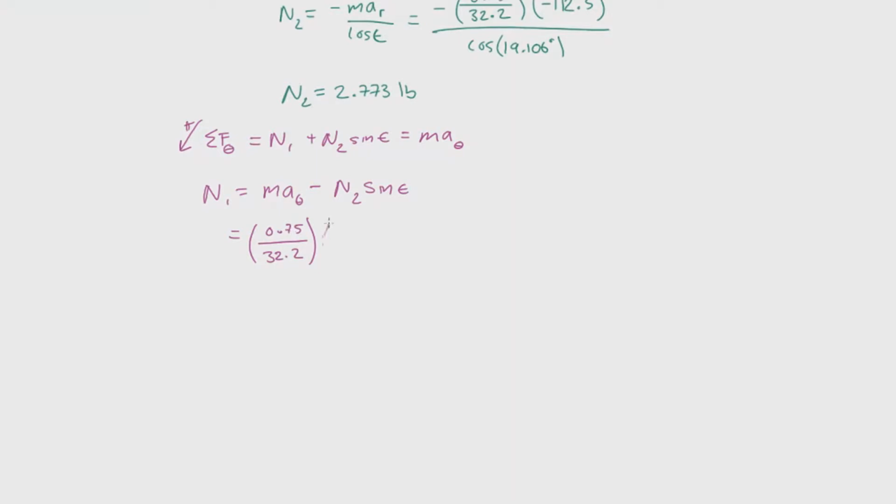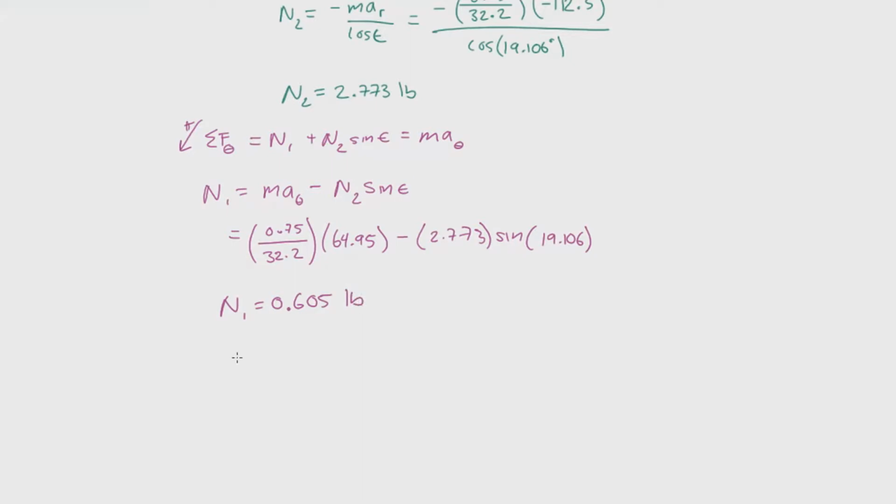And the acceleration in the theta direction is going to be 64.95, and that is in the direction that is signified here, so it is not negative. And then we're going to subtract N2, so that's going to be 2.773 times the sine of 19.106. And if you plug in all these values for N1, you get 0.605 pounds.